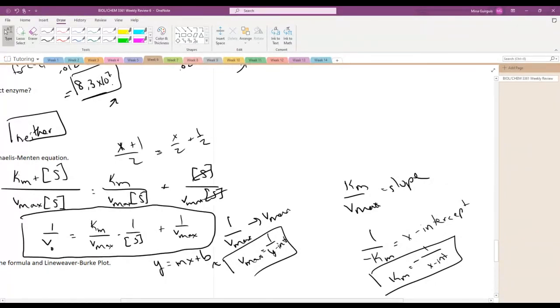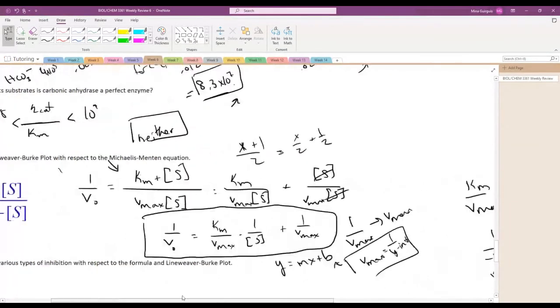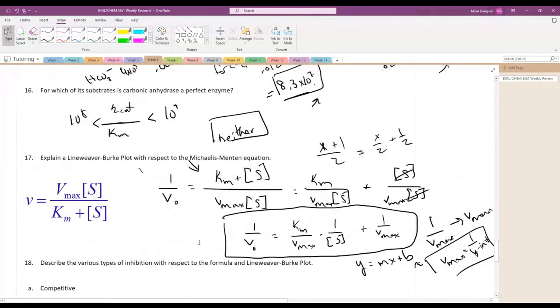And then from there, that's the entire Michaelis-Menten equation. Pick a substrate concentration and you get the initial velocity, and you're done. So this is why the Lineweaver-Burk plot is so helpful. It's a really easy way to manipulate the data so you get a beautiful linear relationship and everything is super smooth.